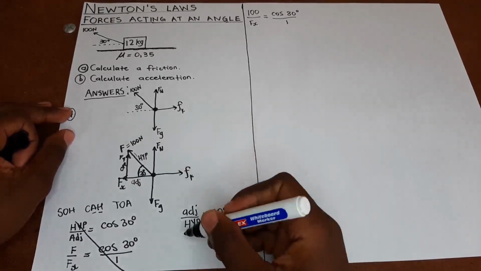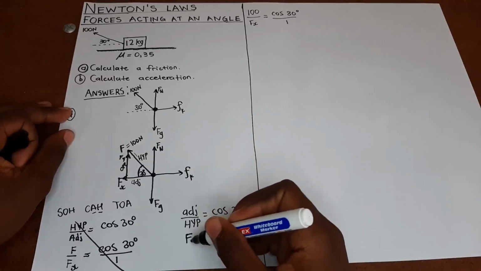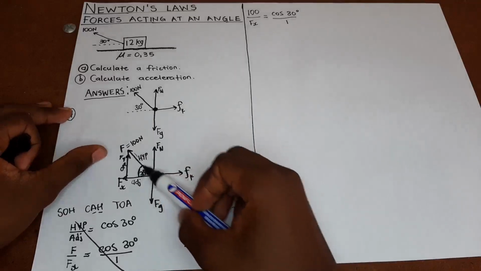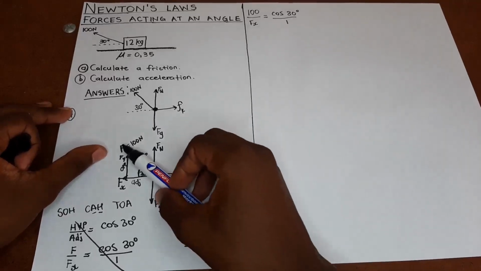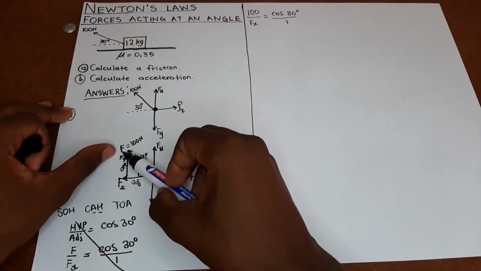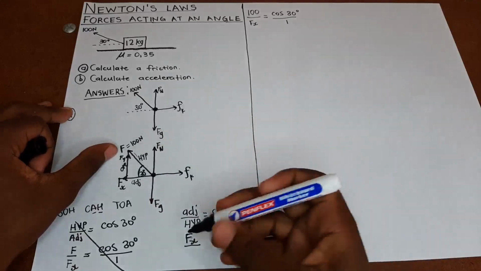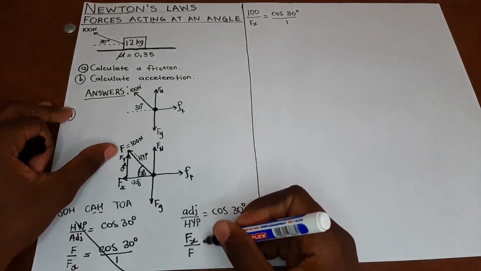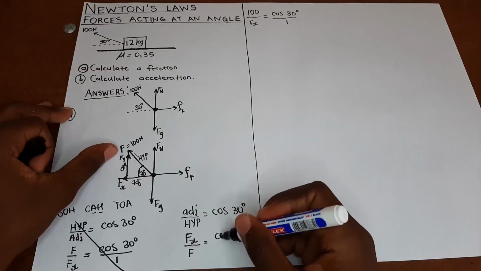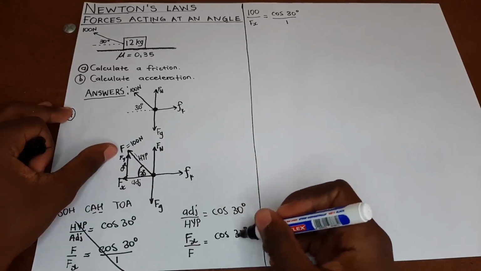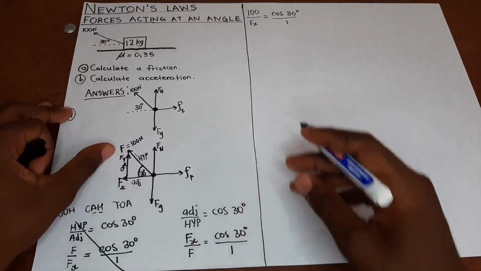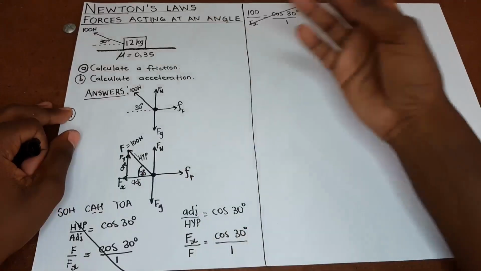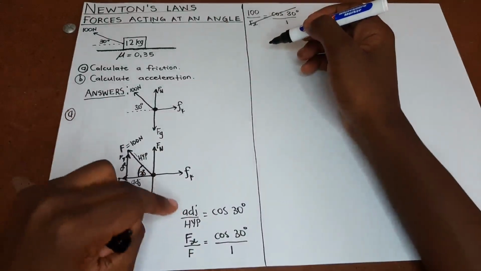Our adjacent side is Fx, over our hypotenuse, which is the vector representing the force applied, equal to 100 newtons. Let me just say F for now. So again, I made a mistake, sorry.